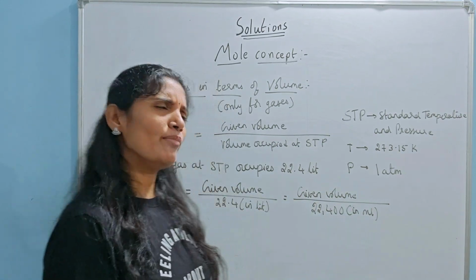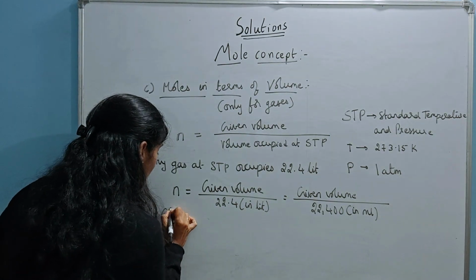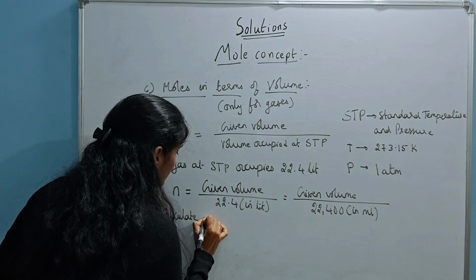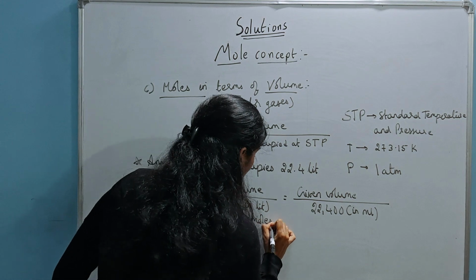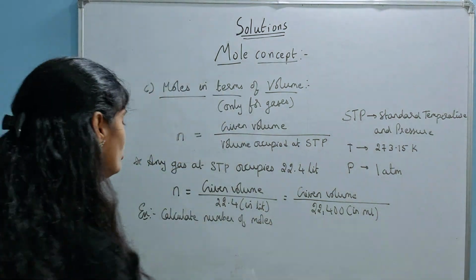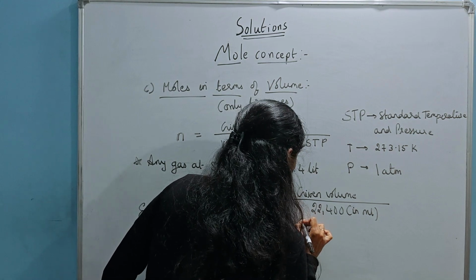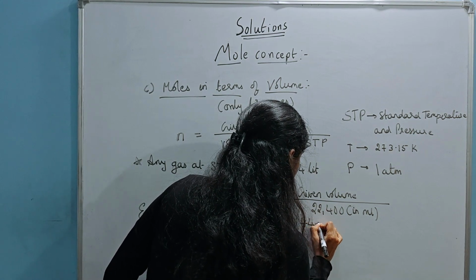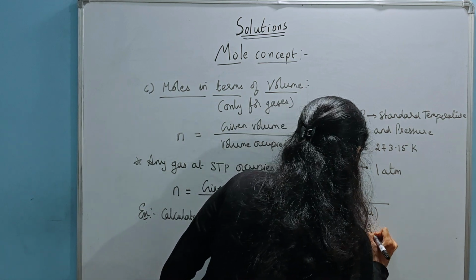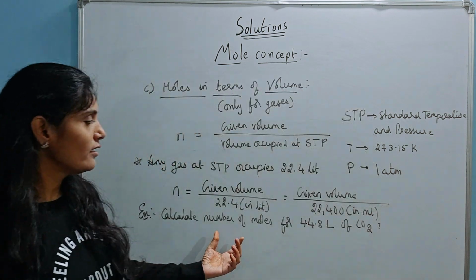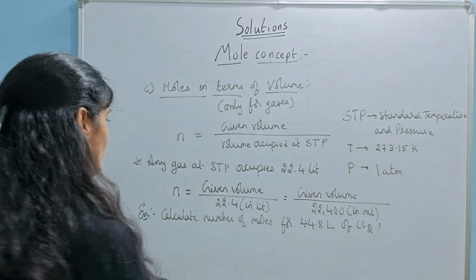Now let's quickly do an example question. It is a very simple concept. For example, calculate the number of moles for 44.8 liters of carbon dioxide. We have our formula with us.